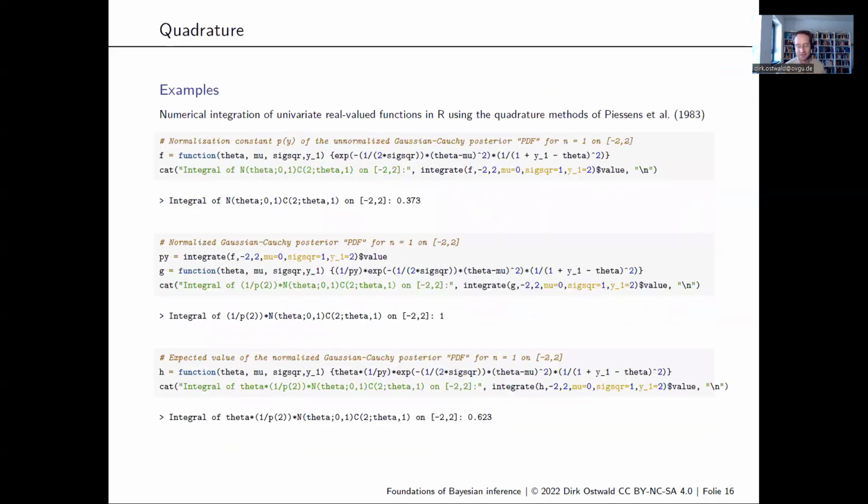If instead of using the improper integral, you use an integral with very large boundaries, then you get at least a probability density on some interval that you might be interested in. So to normalize the posterior on minus 2 to 2, you need to multiply the whole thing with 0.373, because that's the integral there.